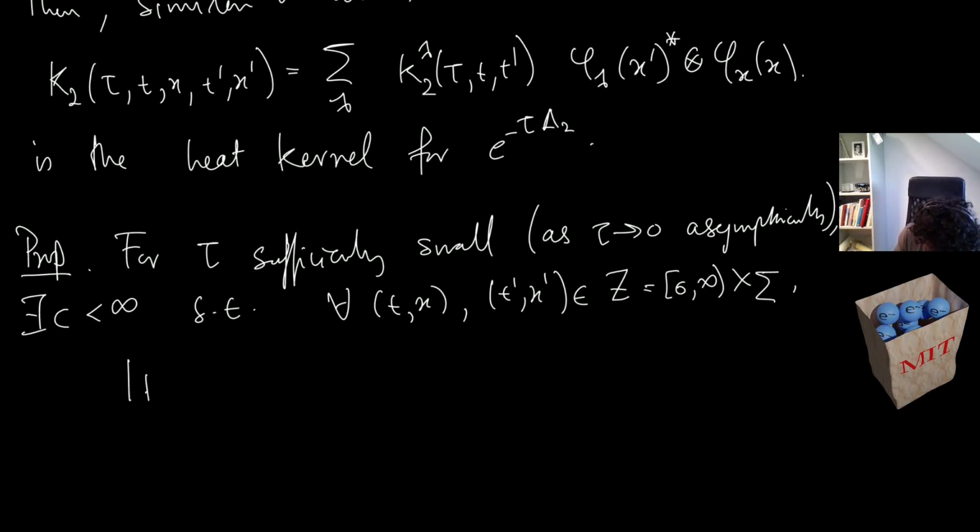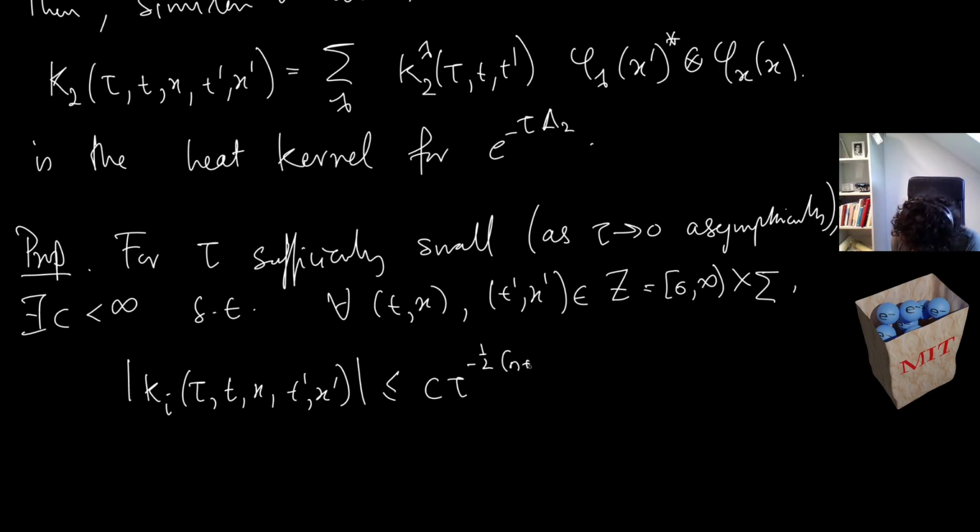We have that each heat kernel tau t x t prime x prime. So this is the absolute value, where we're taking the absolute values of the eigensections also, right? And so this is really a uniform bound. Tau to the negative a half n plus 1, e to the minus t prime on 4 tau.